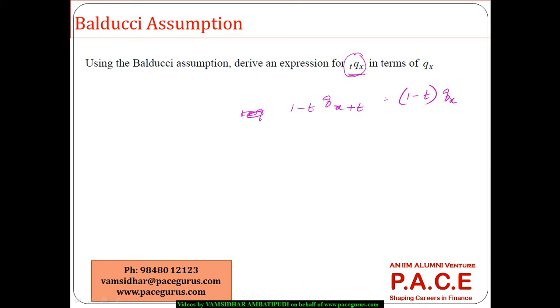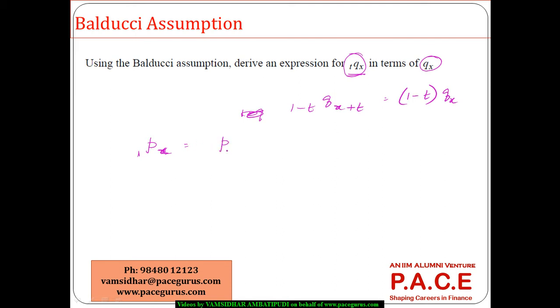I want to express tqx in terms of qx. For that, first let me start with px. Right, this px is nothing but a life currently aged x will survive for one more year. So I'll use the principle of consistency correspondence.